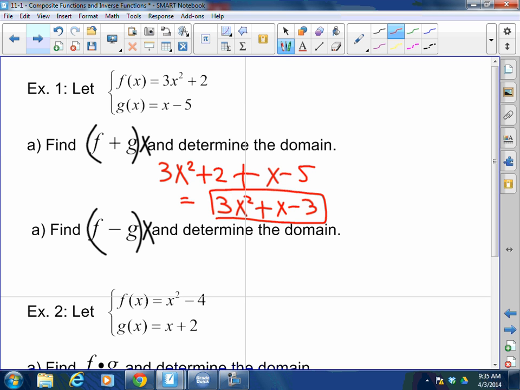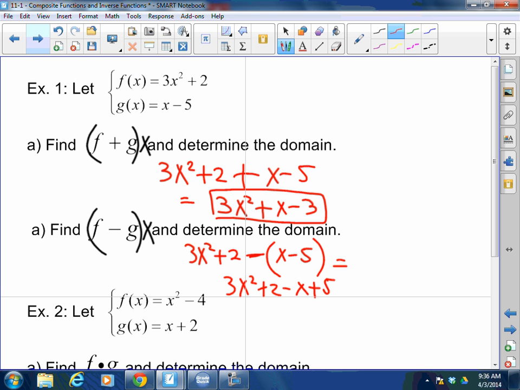f minus g of x. f of x, which is 3x squared plus 2, minus parentheses g of x, which is x minus 5. Please remember that you are subtracting the value of g of x, so you have to distribute that negative. So I've got 3x squared plus 2 minus x plus 5.